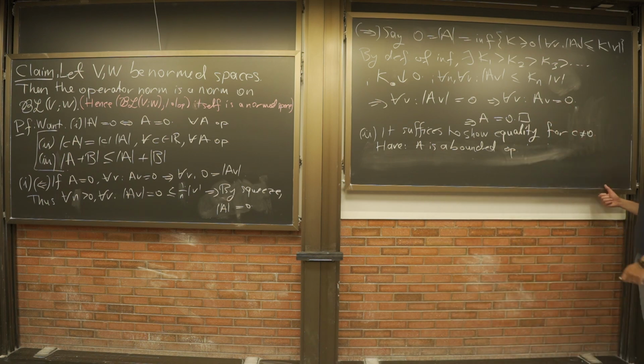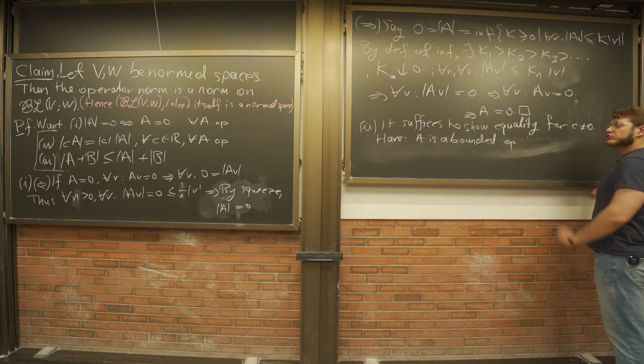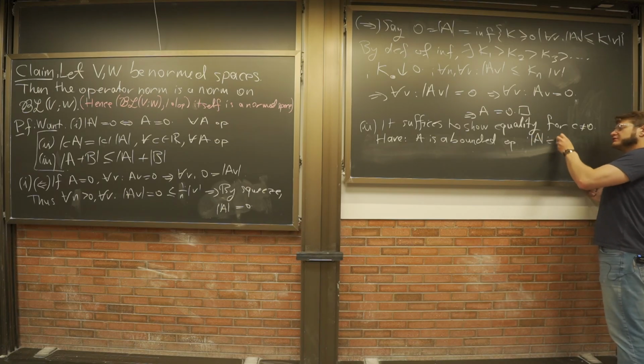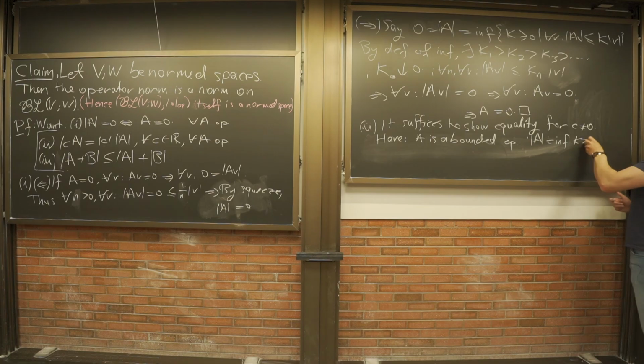I know that A is a bounded operator, and C is a non-zero number. By definition, that means that this is a finite number.